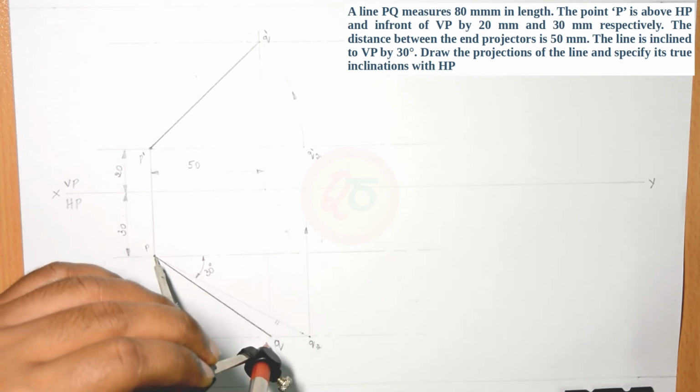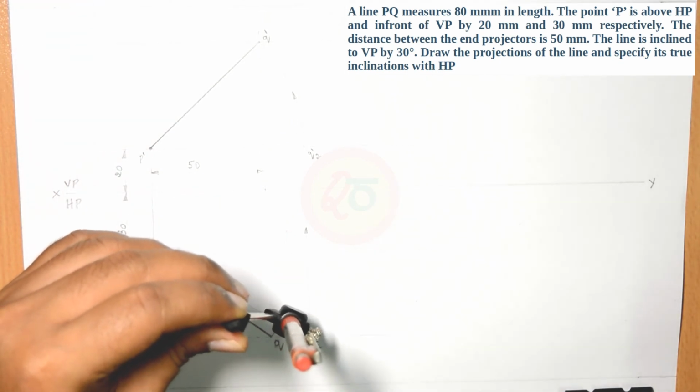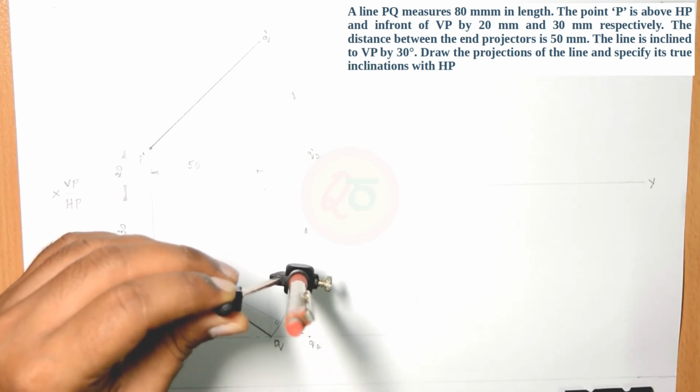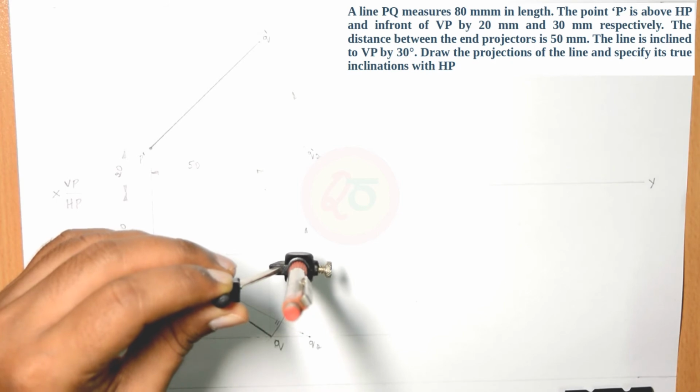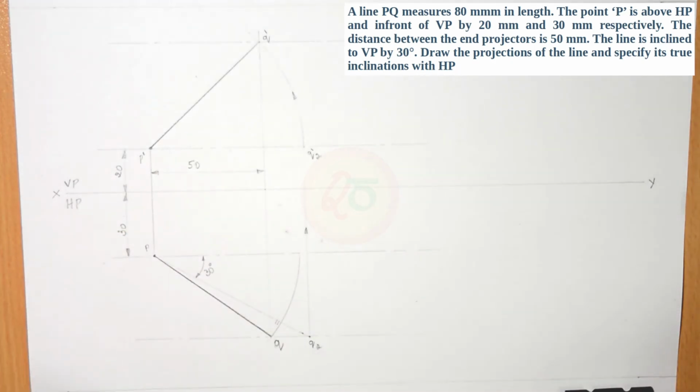Draw an arc until it intersects the locus at P.